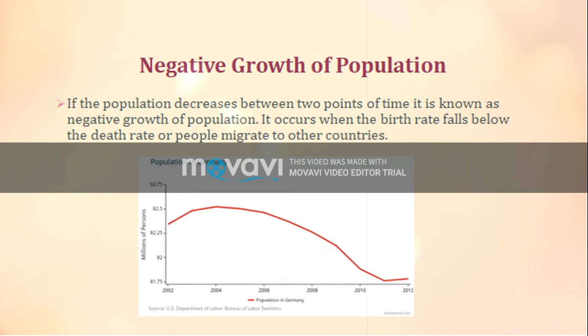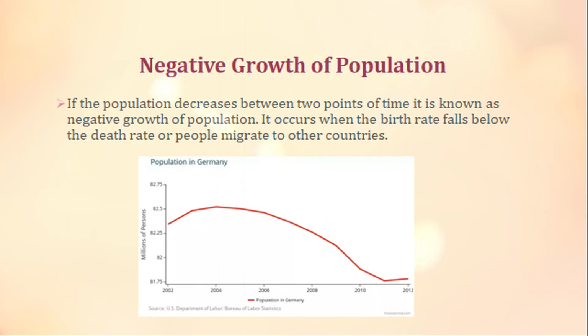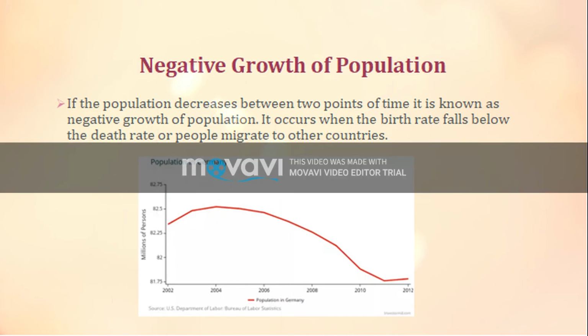Now let's talk about negative growth of population. If the population decreases between 2 points of time, it is known as negative growth of population. It happens when birth rate falls below the death rate, or the people migrate to other countries permanently. Negative growth rate of population has been noticed in some of the European countries.